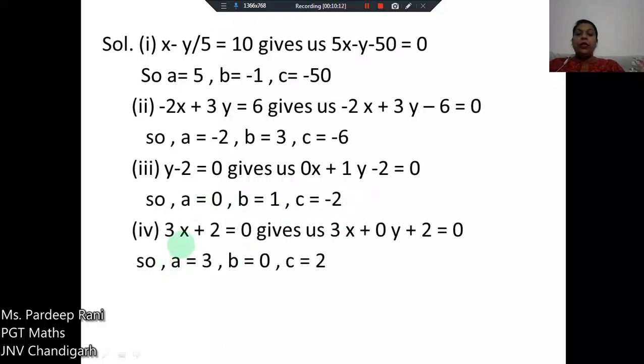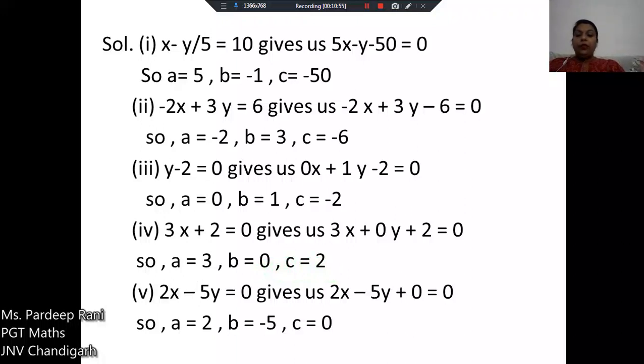Another equation is 3x plus 2 equal to 0. This equation is again a linear equation in one variable, which can be converted into a linear equation in two variables by putting the coefficient of y as 0. So on comparing this with ax plus by plus c equal to 0, we get a is equal to 3, b is equal to 0, c is equal to 2.